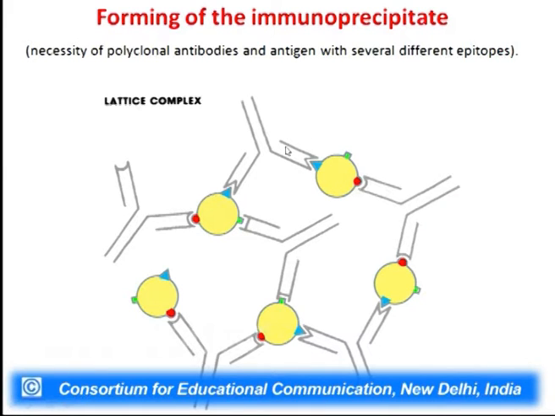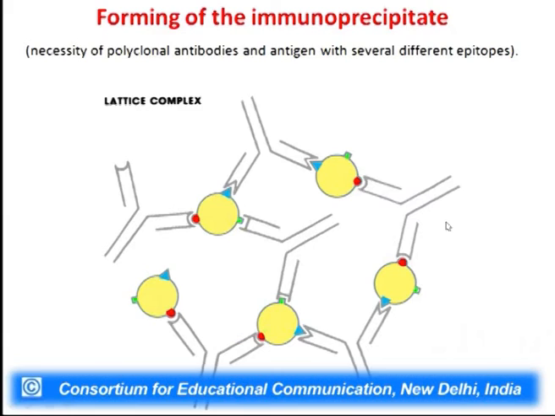One antibody will recognize the same antigenic determinant present on the antigen. This is how a polyclonal antibody along with a multivalent antigen forms a lattice, which is the purpose of visualizing a precipitate reaction.